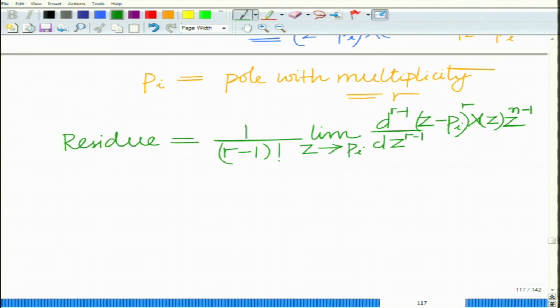This is the residue of a pole with multiplicity r greater than or equal to 1, that is, with any general multiplicity.